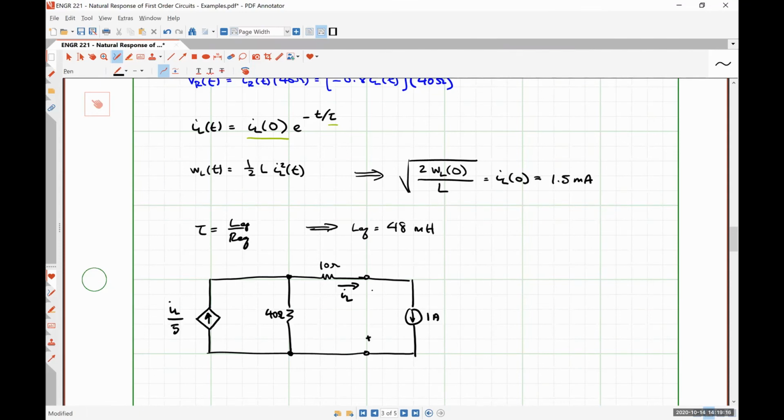So this will be my test voltage that I'm trying to find. And I know that this is behaving like a 0.2 amp source. That makes my analysis pretty straightforward. So from that, how do you want to go about determining that voltage V_test?